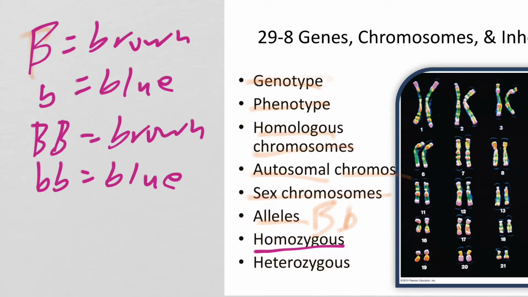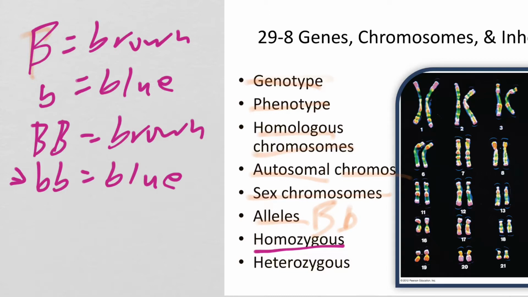So the question on the note set is with the capital B genotype, what is the phenotype? And the phenotype is brown eyes. Next question, if the phenotype is blue eye color, what genotype is being expressed? And that'll be the lowercase b.